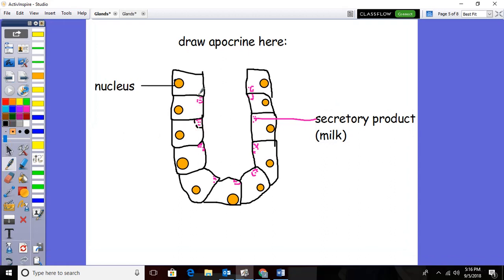Those little pieces are going to break off. I don't need to draw them in all the cells, but what we're going to end up having is little pieces of cells that end up in this middle part, which remember is called our duct. So when this little piece breaks off, it's going to end up right here. Inside these, I want to put some of that secretory product.